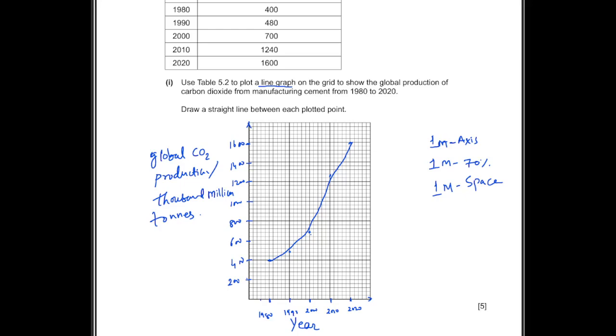These are your correct label points. Okay, so this is how we distribute. The use of pencil is also very important here. Okay, so this is how we distribute the 5 marks.